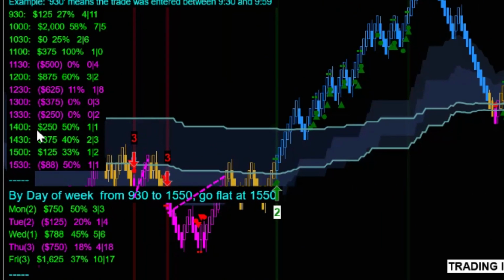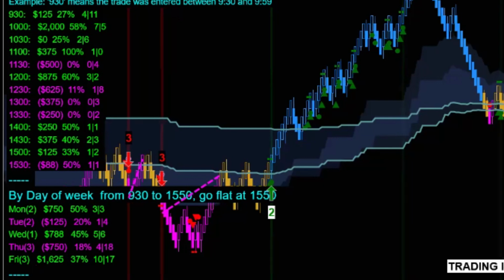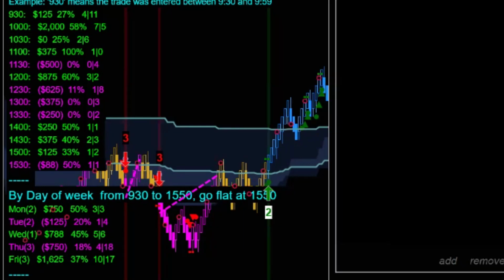Let's see if Raptor has any ideas on here. So using our settings of 10 tick stop, 30 tick target, 2 o'clock, 2:30, 3 o'clock to 3:30, we do have a good historical P&L to consider. Not a lot of trades over the last, how many days have I got here?